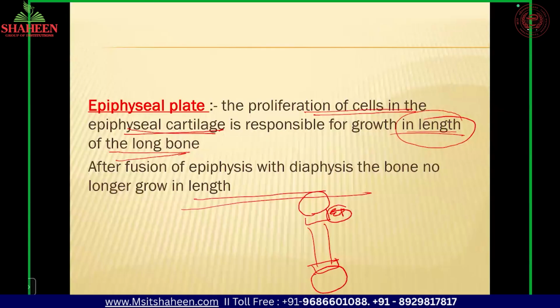Once the epiphysis fuses with the diaphysis, that means the epiphyseal plate is absent. It disintegrates, the length development is completed, and no more lengthwise growth is present in the bone. Got it? So the epiphyseal plate is responsible for the length of the bone.